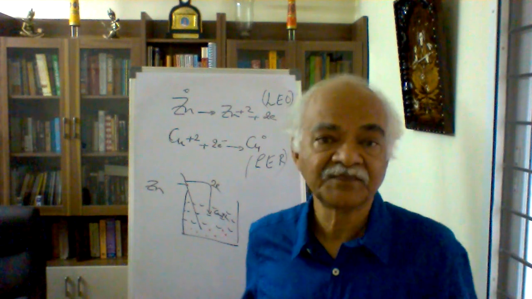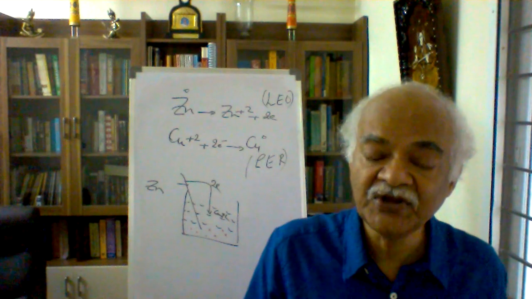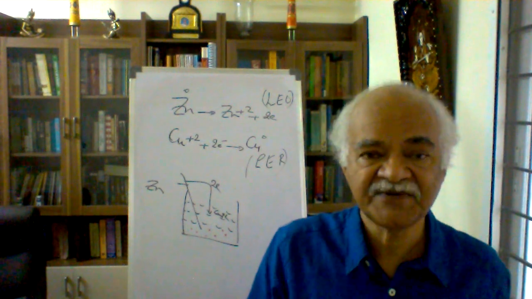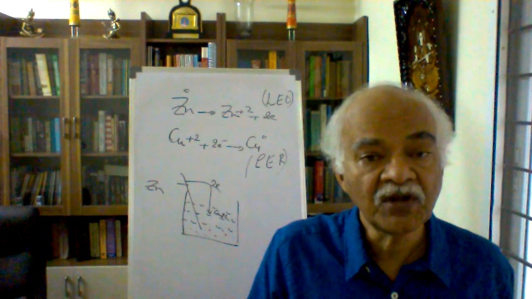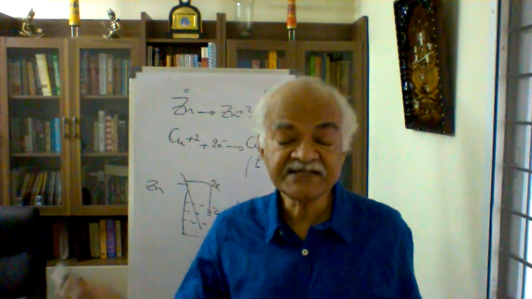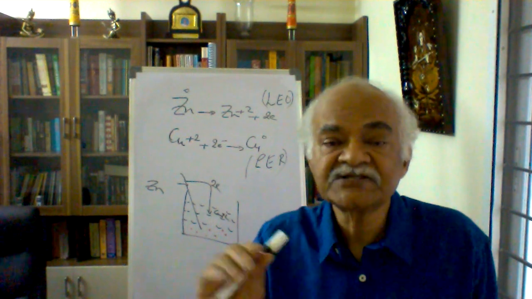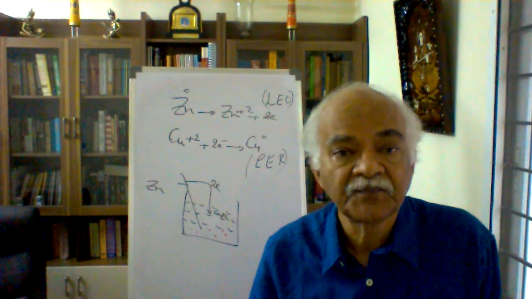Zinc to copper. And such reactions which are taking place on their own, we have a beautiful expression in thermodynamics. We call them spontaneous processes. That is, in this redox reaction, the electron movement is spontaneous from zinc to copper.